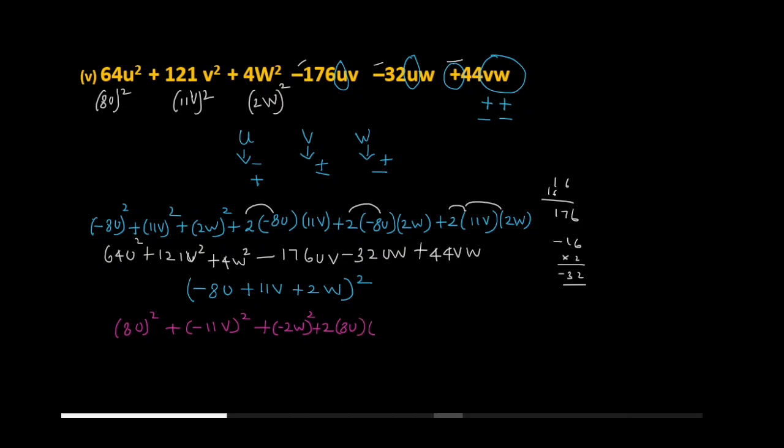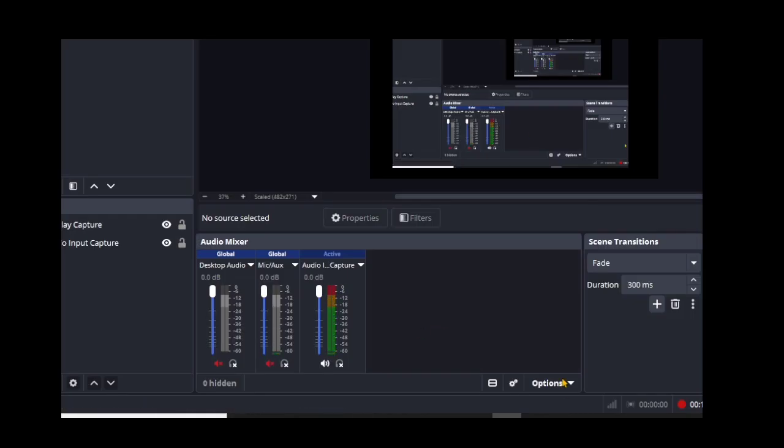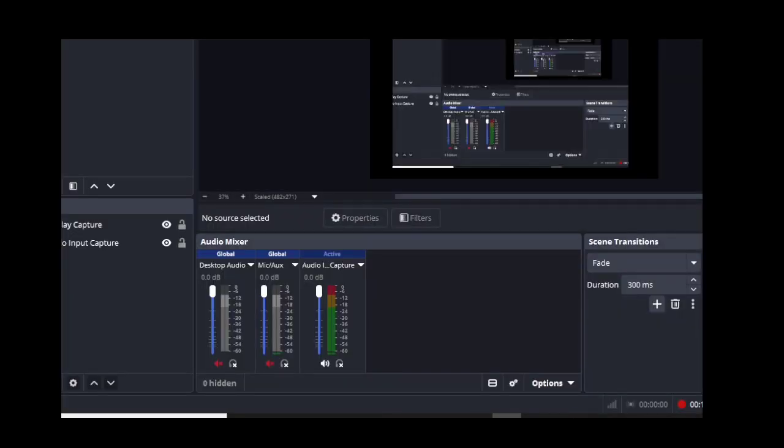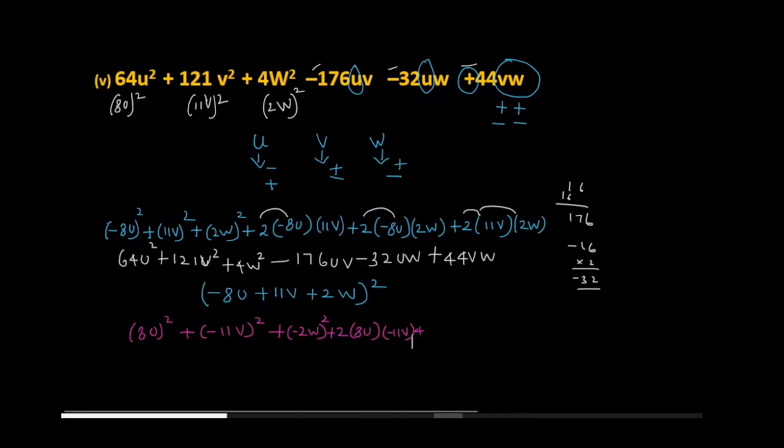So 2 into 8u into minus 11v, plus 2 into 8u into minus 2w, plus 2 into minus 11v, w is minus 2w.